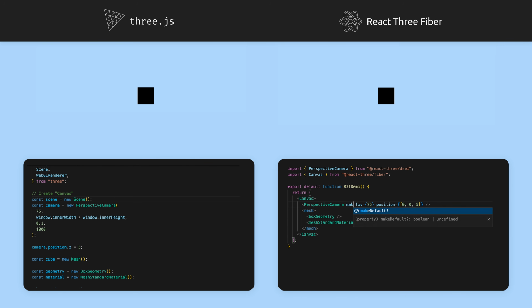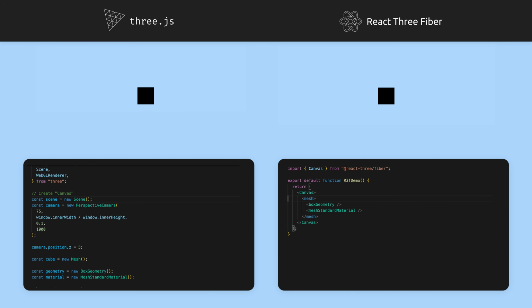We also can't forget to say make default true, which will override the original default camera and make this camera now the active camera. So if we save that, we can now change this to anything else, and we can see it update in real time. This perspective camera does work with hot reloading within React. So we're going to get rid of this and go back to our original setup.